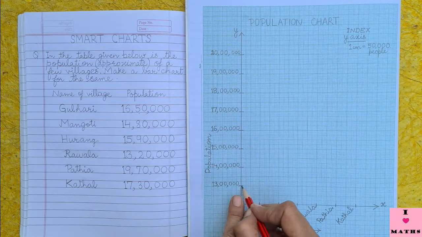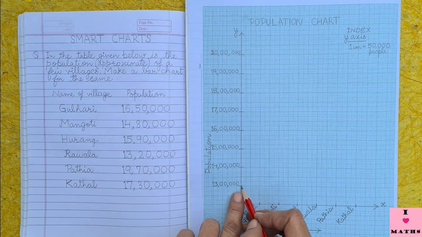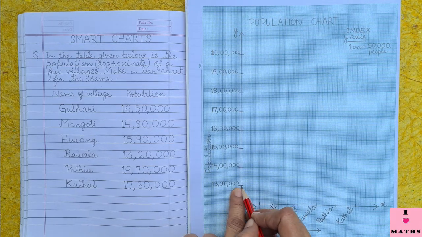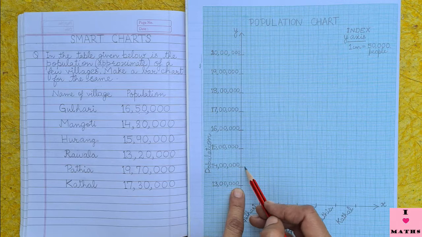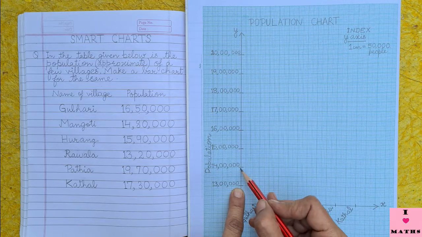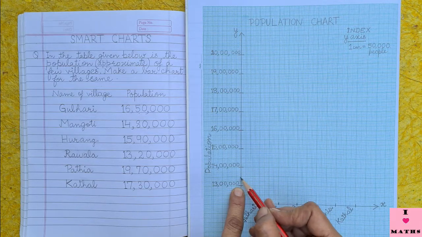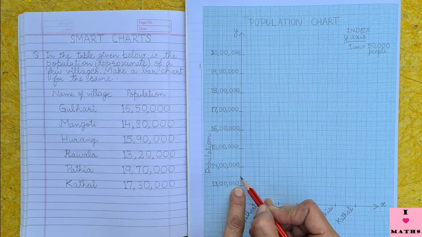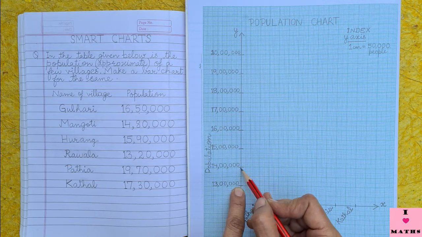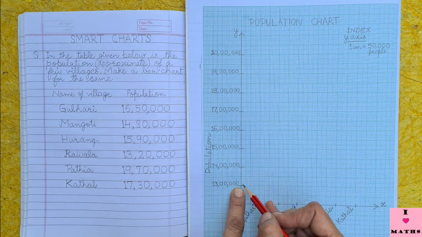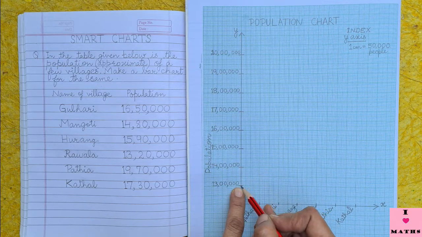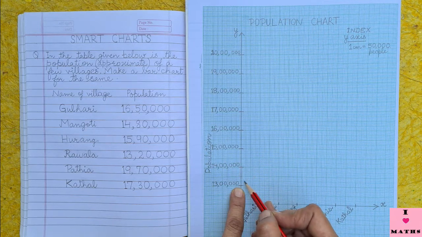Now children, look here. This is 13 lakh and this is 14 lakh. And you can see this is 2 centimeter. From here to here it is 1 centimeter, and from here to here it is another centimeter. So this distance is 2 centimeter.